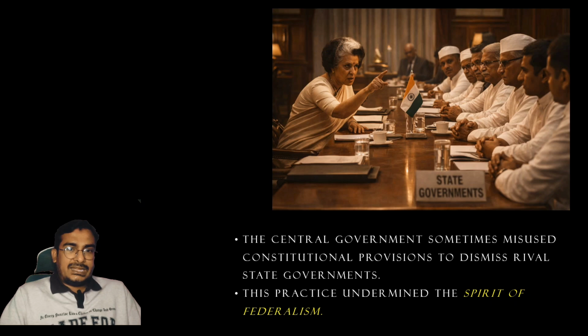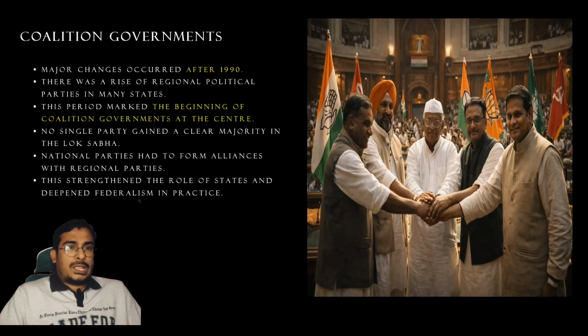This was undermining the spirit of actual federalism. But by the 1990s, local political parties tried to become powerful, and Congress became weak after Rajiv Gandhi's death. There was no leader of that stature who could keep the party united.